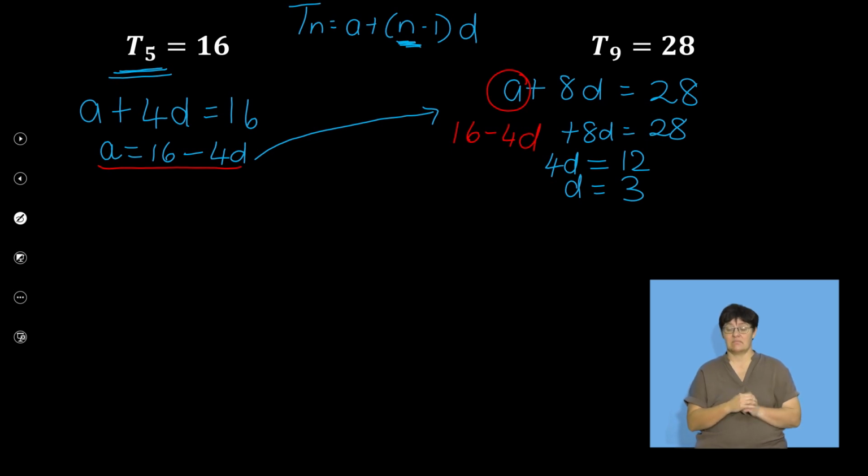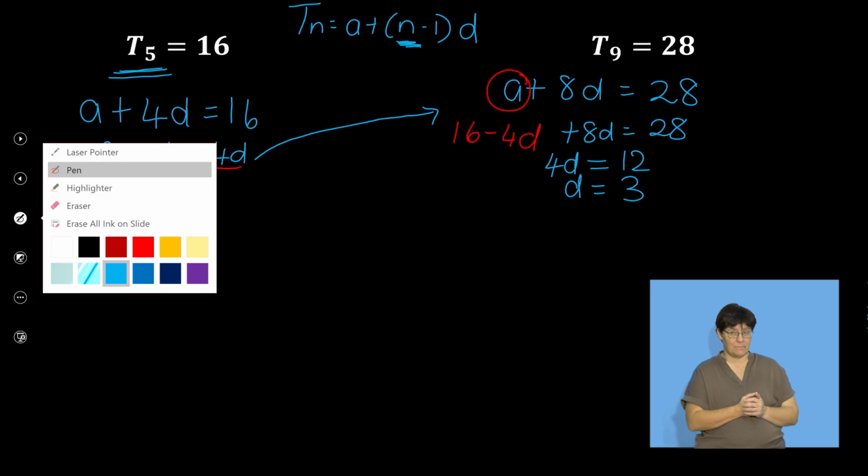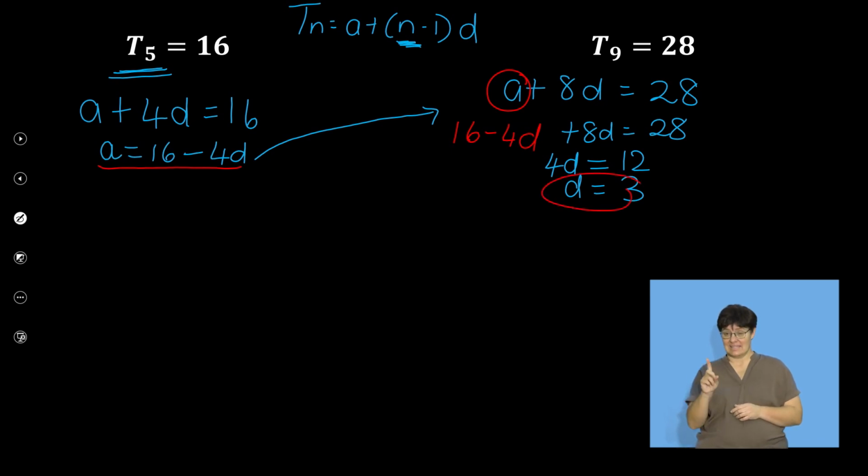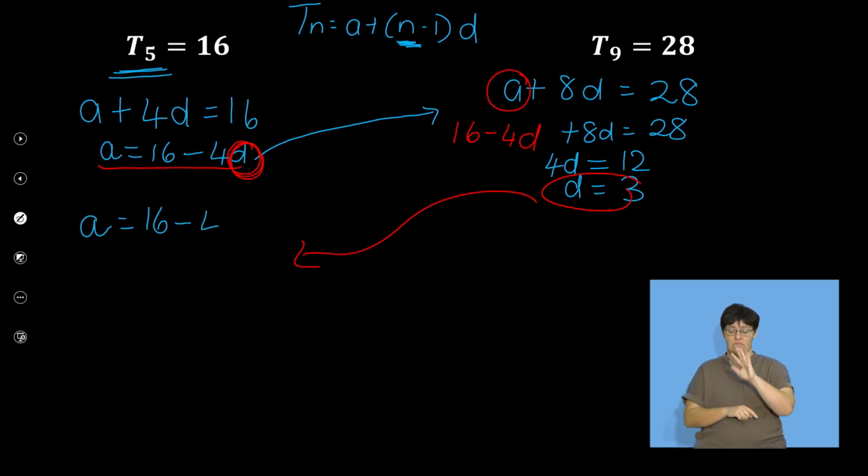Now that I've found a value for D, I'm going to take my D value and substitute it back, replacing the D over here. So A is equal to 16 minus 4 times 3, which means that A is equal to 16 minus 12.